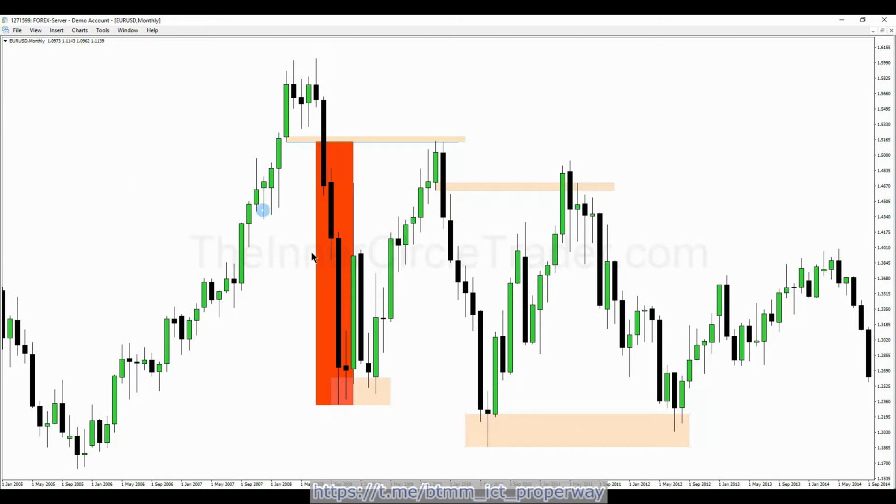Okay, so what we're seeing is another area at which we have price trading from the bodies of the candle. We drag that all over here. You can see price trades into that area right in here as well.